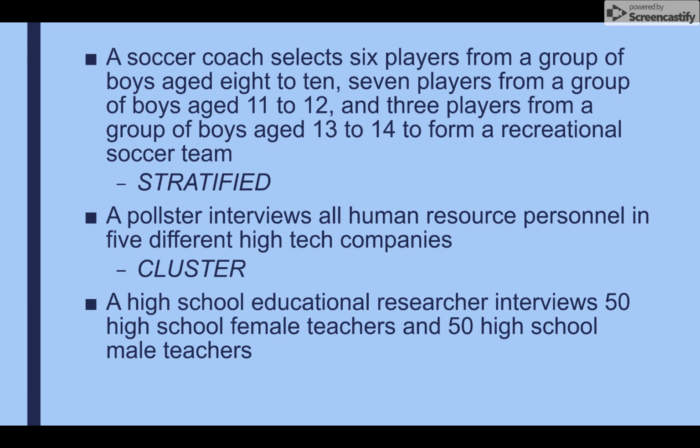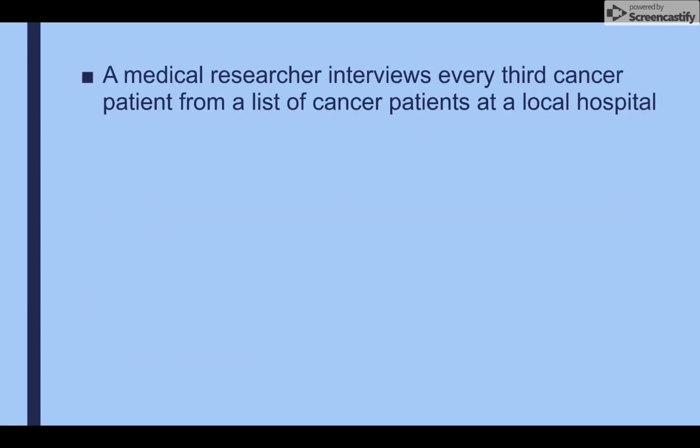Scenario 4. A high school educational researcher interviews 50 high school female teachers and 50 high school male teachers. Again, I got 50 and 50 sorted by gender. I'm thinking groups, some stratified. Scenario 5.